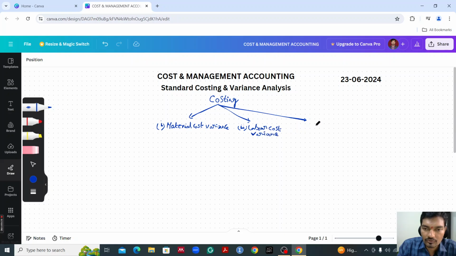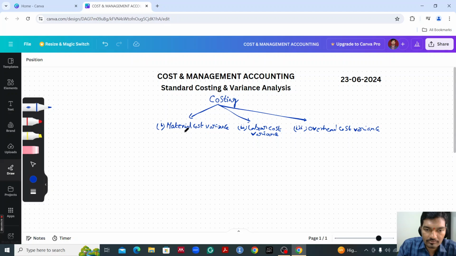The third one is overhead cost variance. So in today's lecture, we are going to discuss material cost variance and its models.